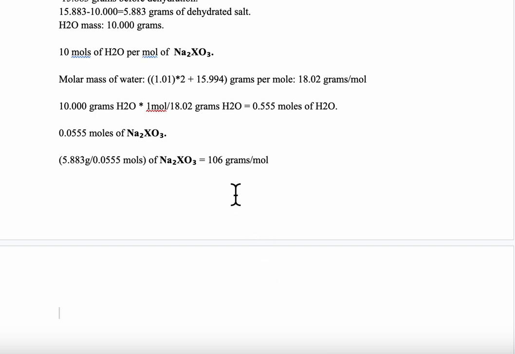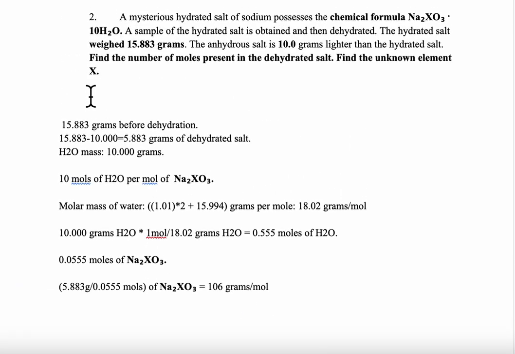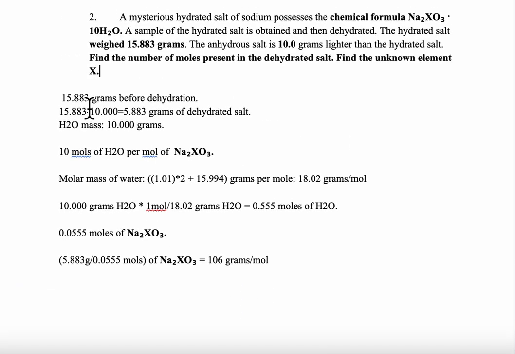Now, one thing to remember: we already have all but one of the elements in this compound. We have 2 sodiums. Let's take the atomic masses and do that little bit of simple multiplication and addition.